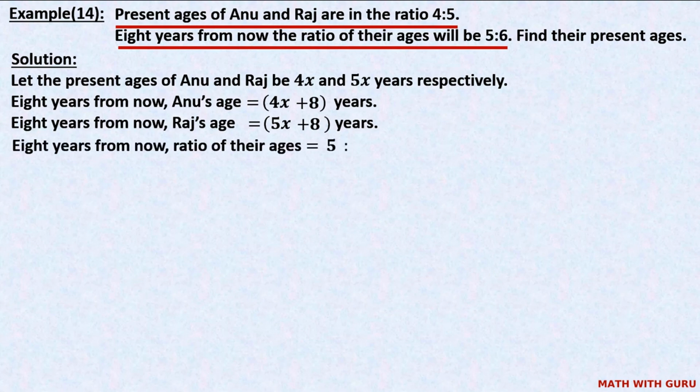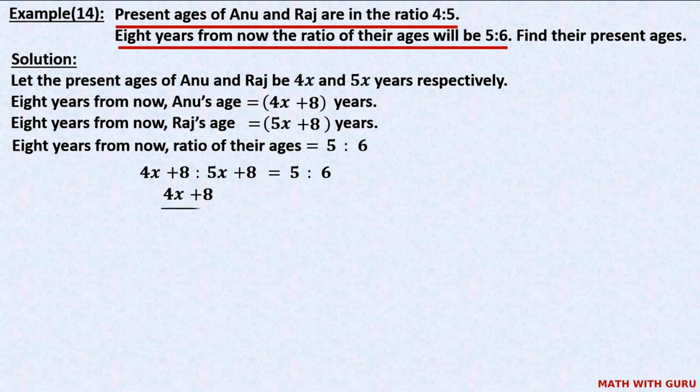Therefore, the equation is 4x plus 8 is to 5x plus 8 equals 5:6.